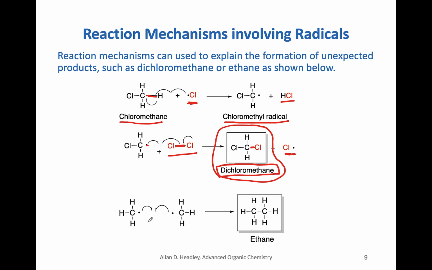Here's another possible product. We could take the methyl radical, which was generated from the previous slide, and another methyl radical, 2 electrons, can form a sigma bond right here, and a neutral molecule, and that's ethane.